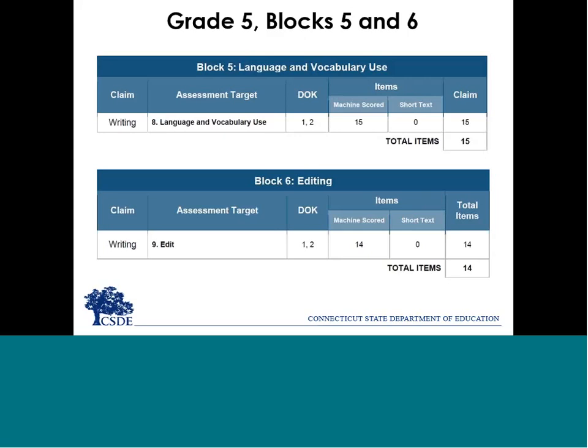All of the items in blocks 5 and 6 are machine scored. The editing block, block 6, is our conventions block. Here, students will be assessed on their ability to demonstrate an adequate command of correct sentence formation, punctuation, capitalization, grammar usage, and spelling. Before we present the performance task block, let's take a few moments to look at the listening and research blocks.